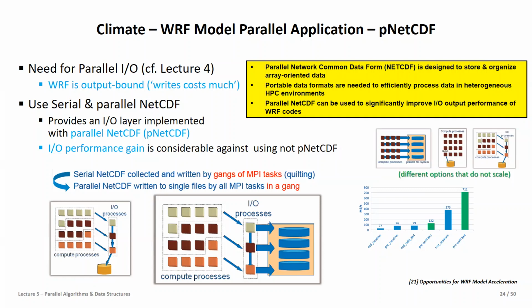It works nicely together with the parallel IO file system underneath, so that we really can scale by having all of this written into a logical file, which is then striped over the disks, and not something like we see here, where only node 0, for instance, is writing, because there are different options that don't really scale if you do this.